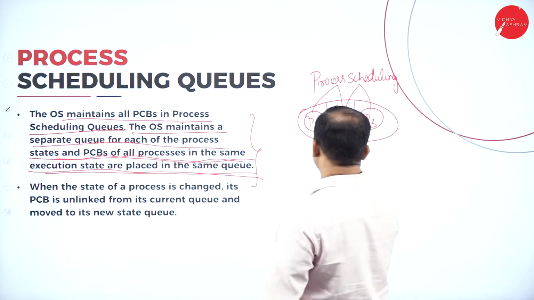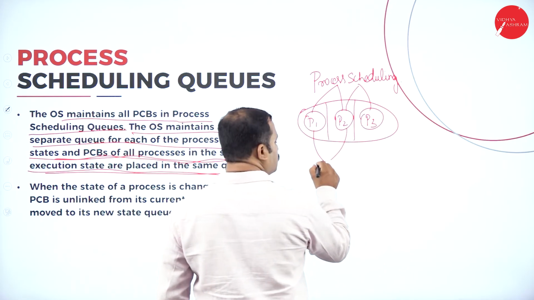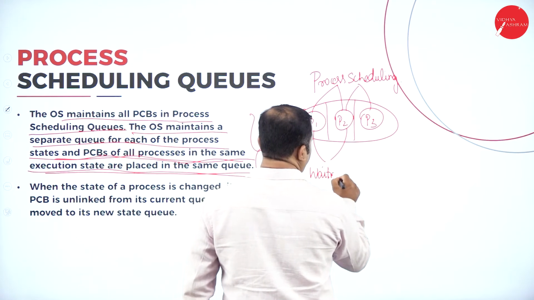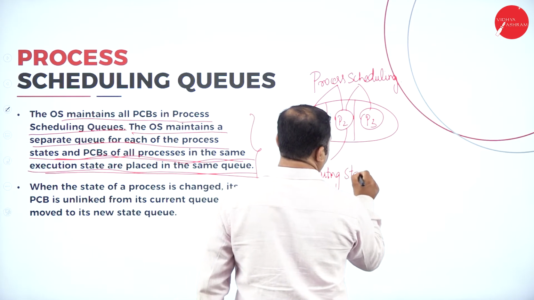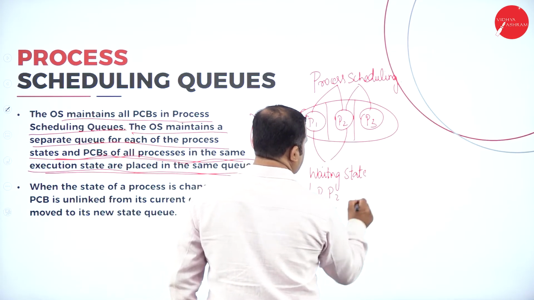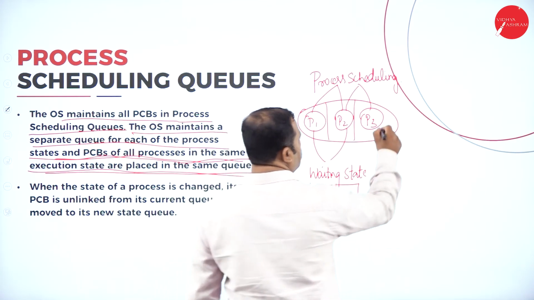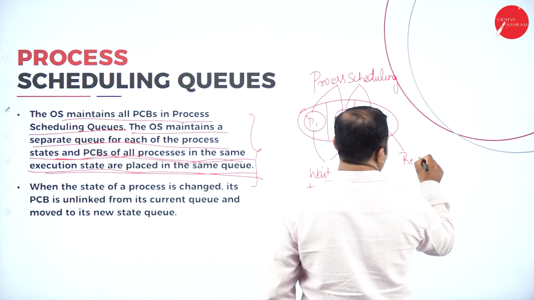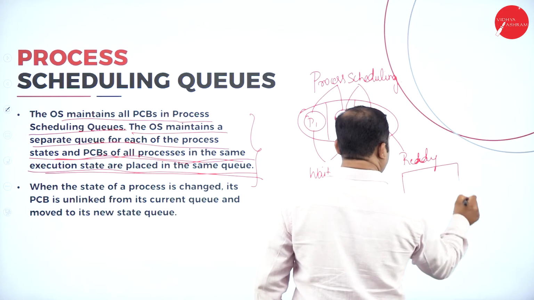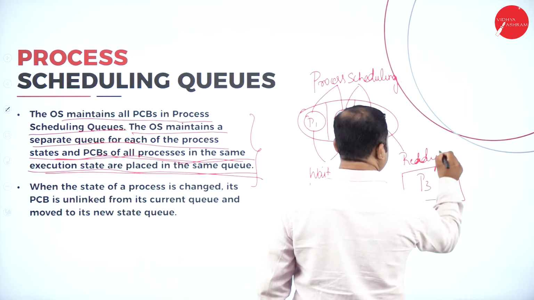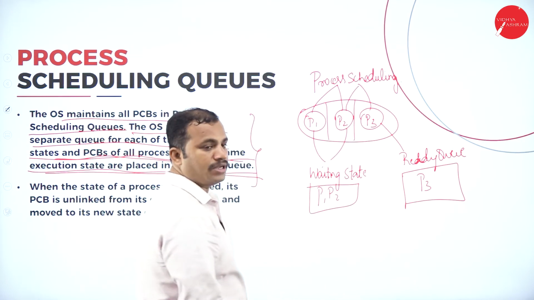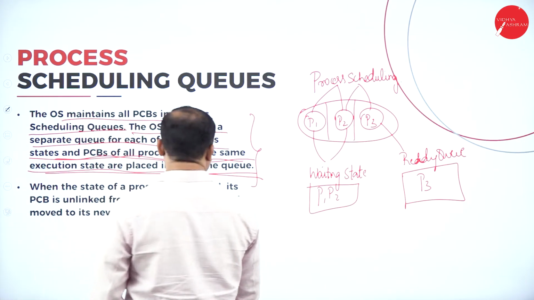That means if processes P1 and P2 are in waiting state, P1 and P2 are placed in the same queue. If P3 is in ready state, it is placed in the ready queue, because it is ready for execution. So that's why we place it in the ready queue.